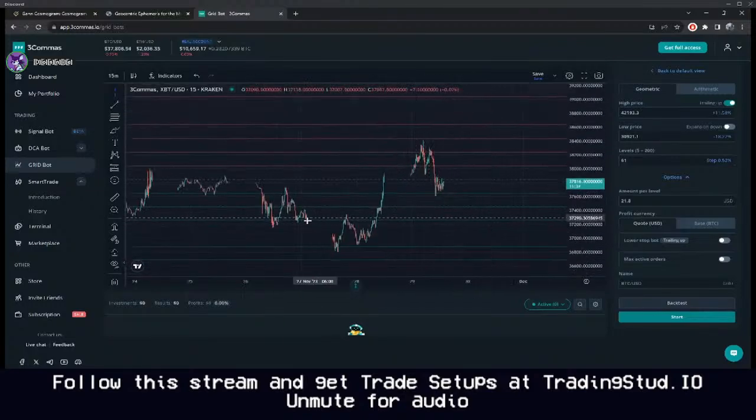So if I zoom in on a smaller time frame here, with 61 levels in that price range that I just set up, I would have been buying down to these levels. Every time it crosses one of these lines, it's going to buy Bitcoin. Then it's going to come back up and sell at these levels, then come back down and buy that level, come back up, sell that level, and so on, all the way through.